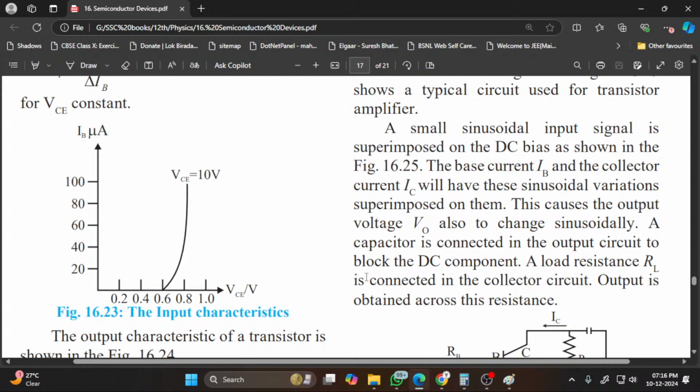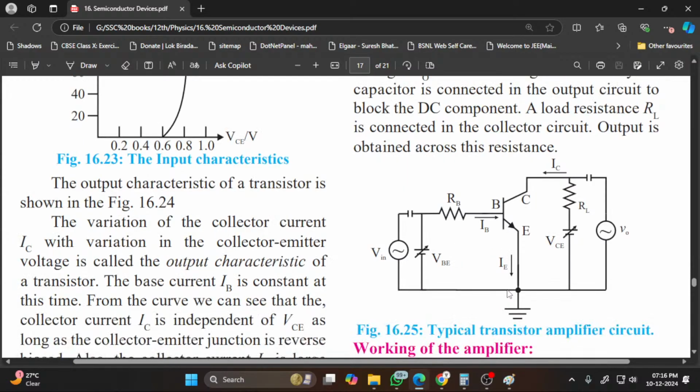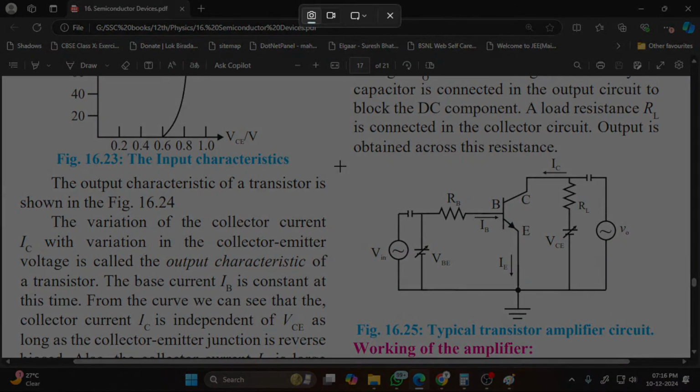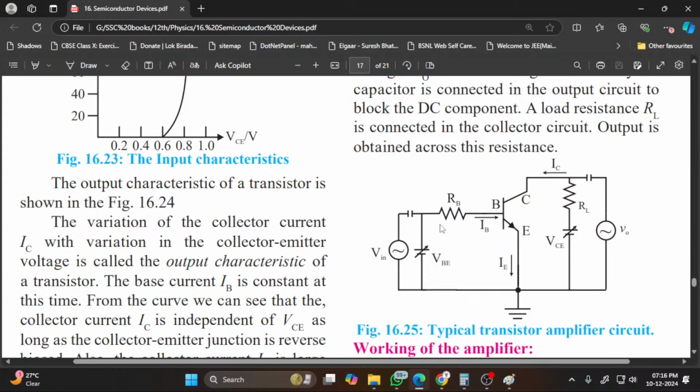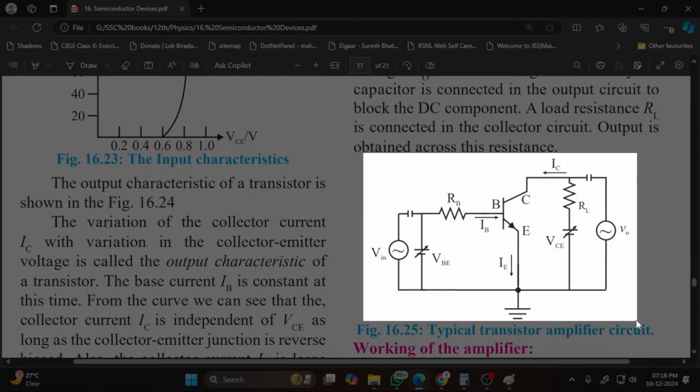This causes the output voltage VO also to change sinusoidally. A capacitor is connected in the output circuit to block the DC component. A load resistance RL is connected in the collector circuit and output is obtained across the load resistance RL. So same circuit is there, common emitter. You can draw it now or you can draw it later, but it is actually the same circuit.